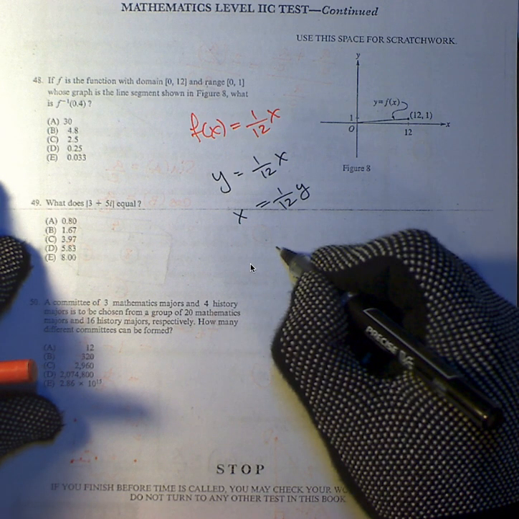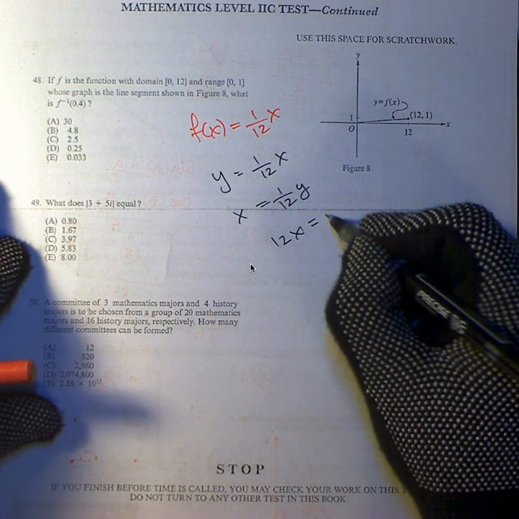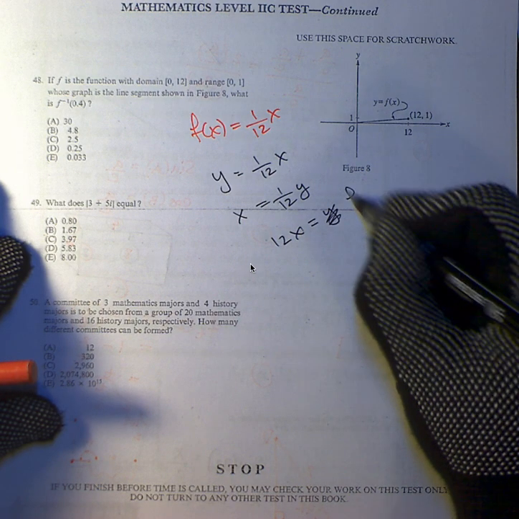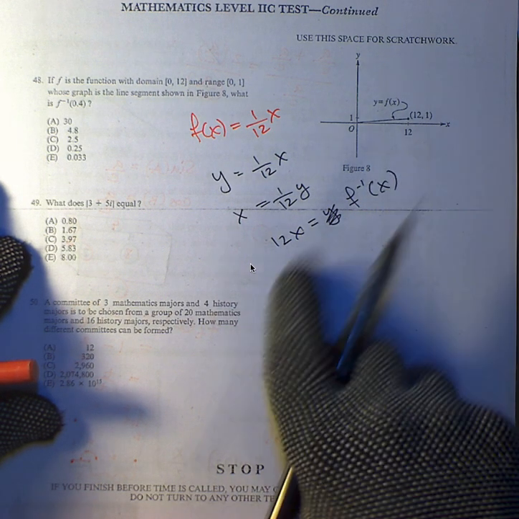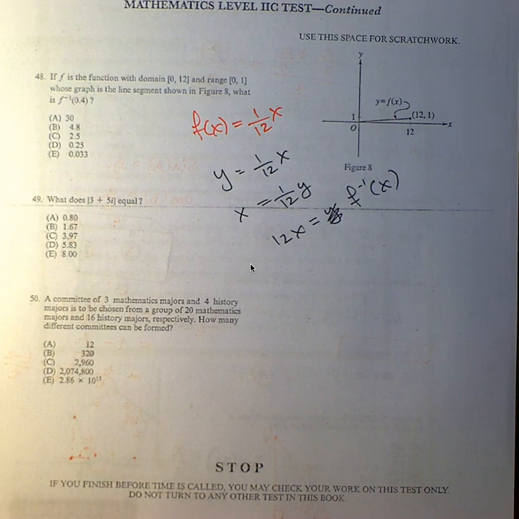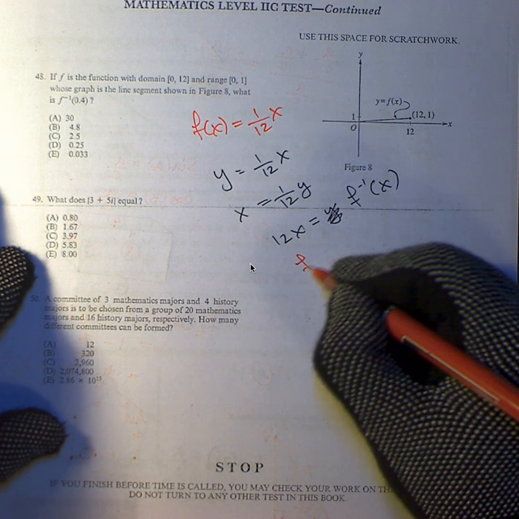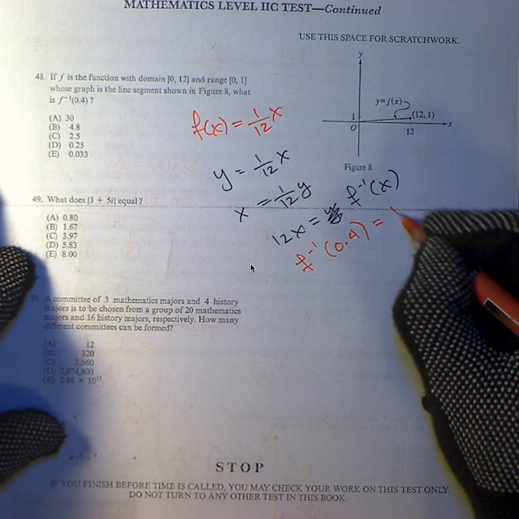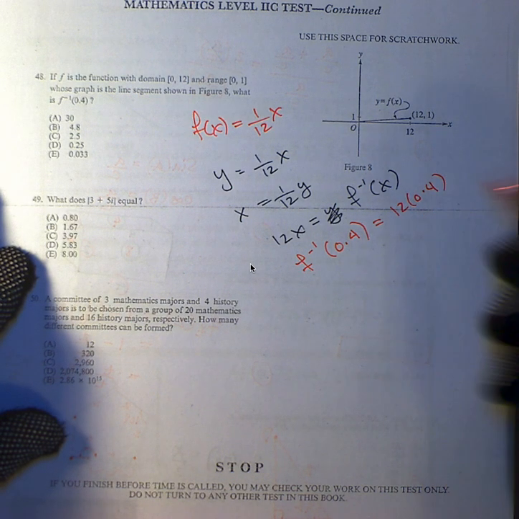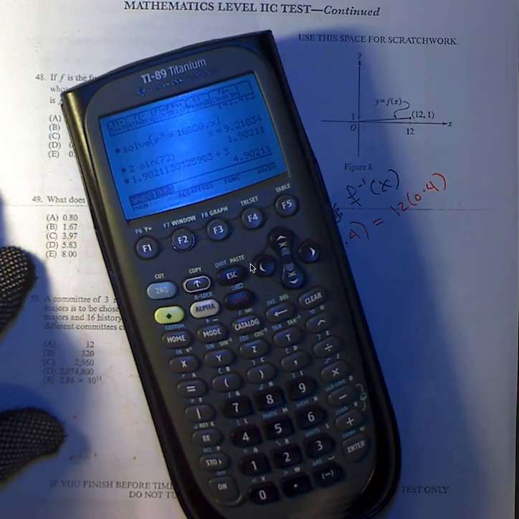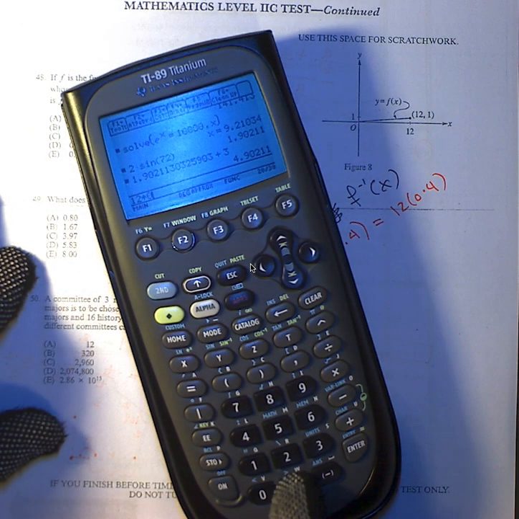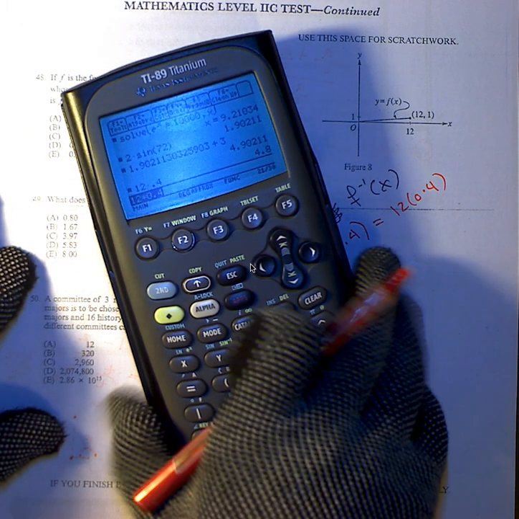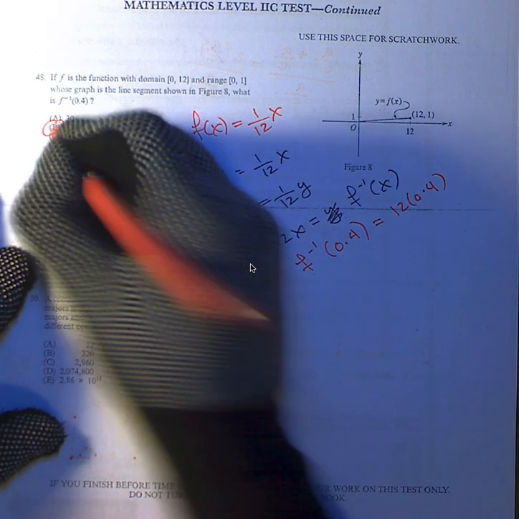And so then we get 12x is equal to y, and this y is f inverse, right? So 12x is equal to f inverse. And so f inverse of 0.4 is equal to 12 times 0.4, which is 4.8, I believe, but let's try 12 times 0.4, 4.8, yep. Okay, so there it is.